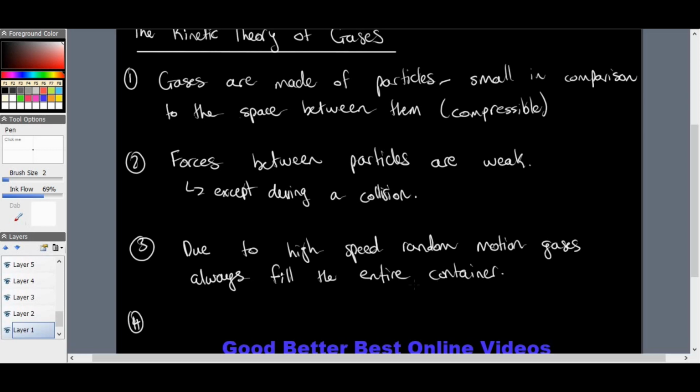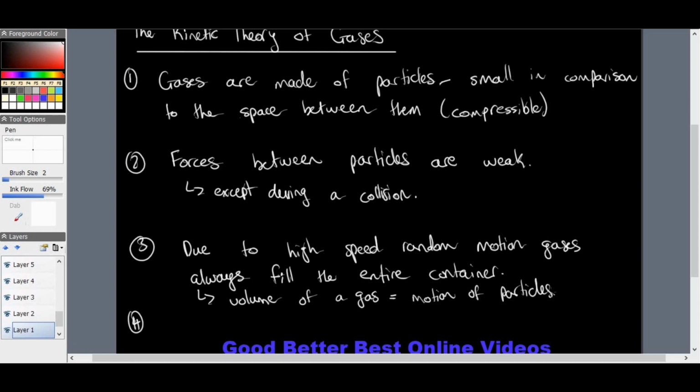Something very important here: the volume of a gas is equal to the motion of the particles and not the actual gas particles.